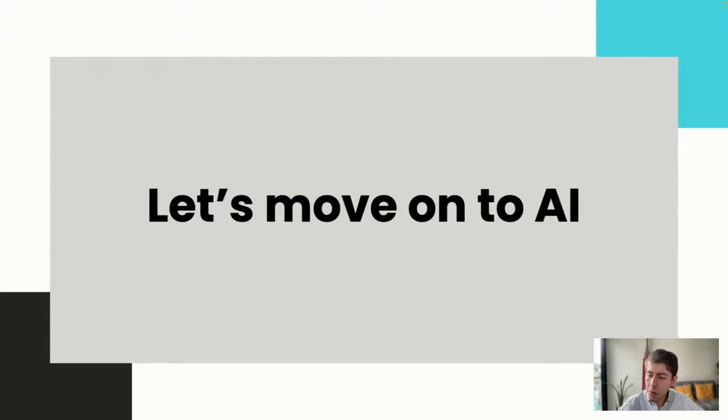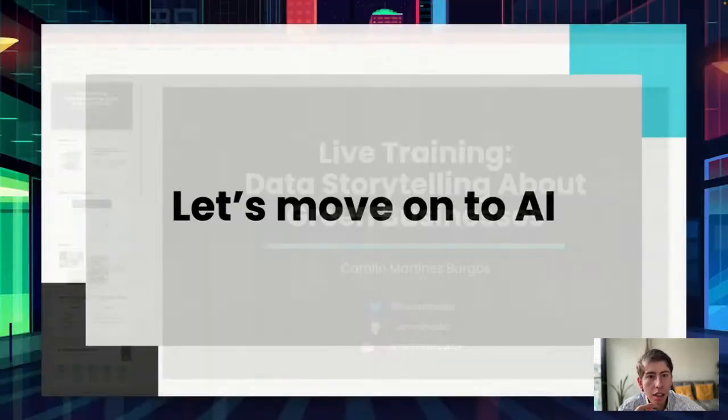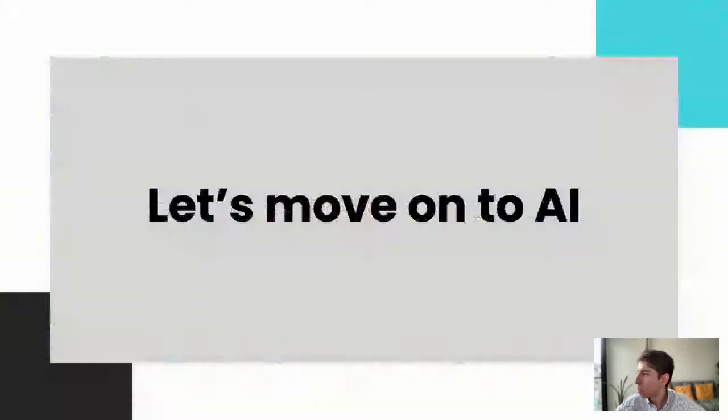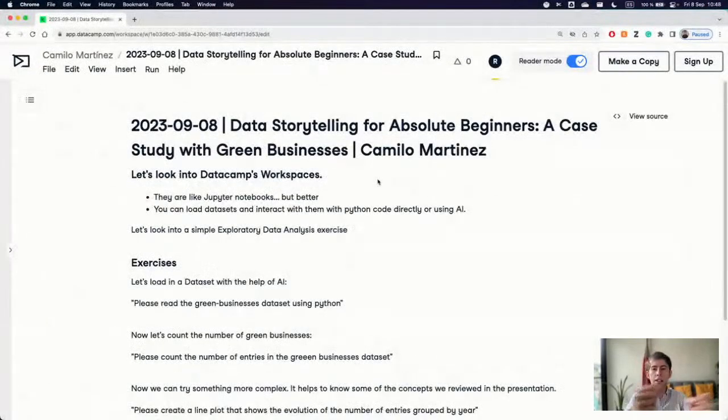Now we'll move on to a simple exercise on Datacamp, on Datacamp workspaces, which is a very interesting tool to experiment with doing these kinds of analysis, and most importantly, it doesn't require very extensive code experience. So just a second, I'll put the data up. Now you can see it here.